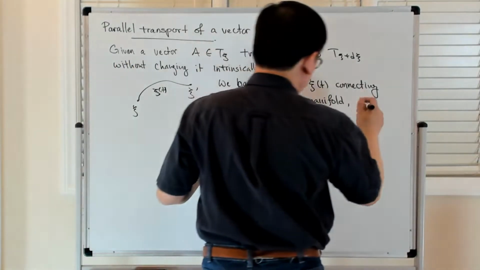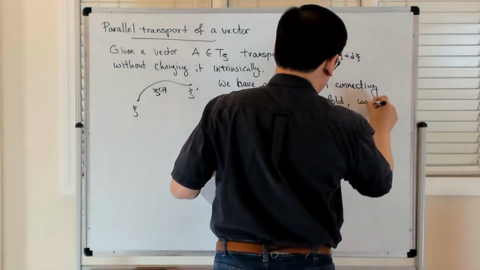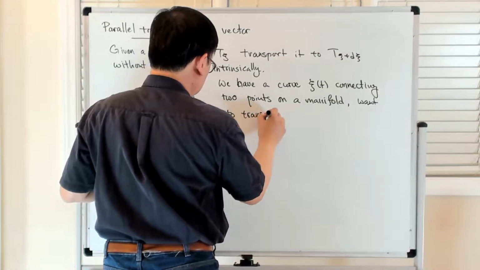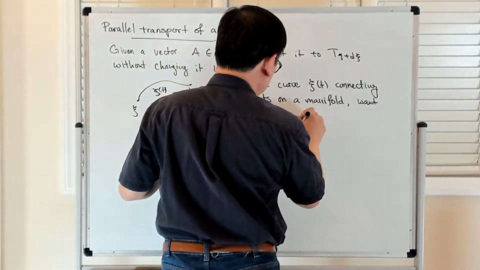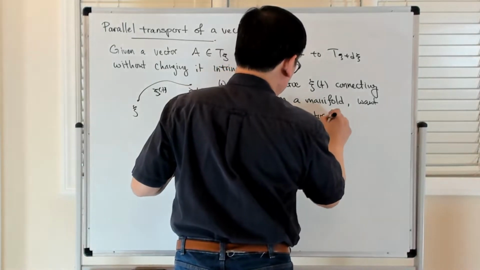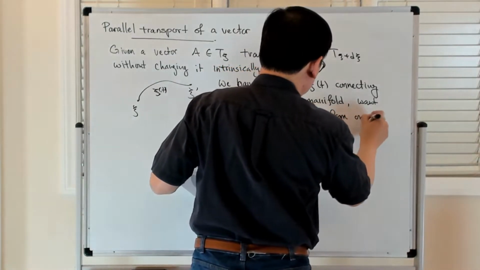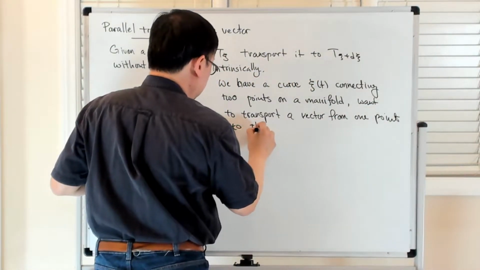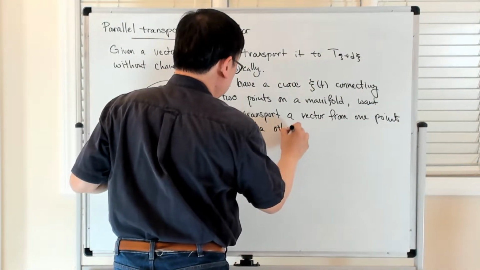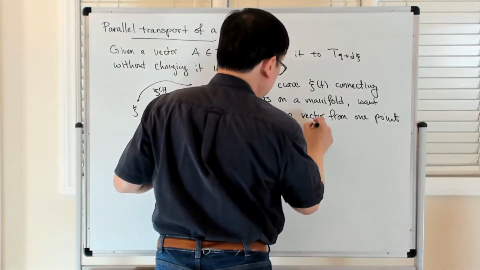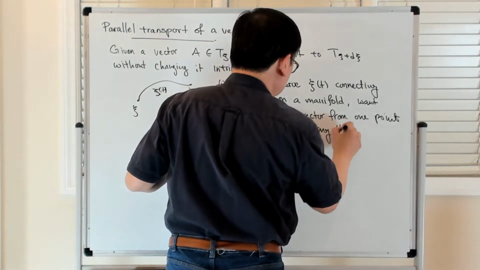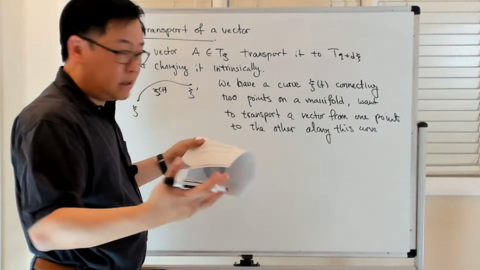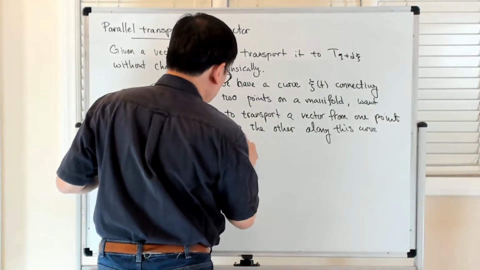and I want to transport the vector from one point to the other along this curve while keeping it constant, for lack of a better term.